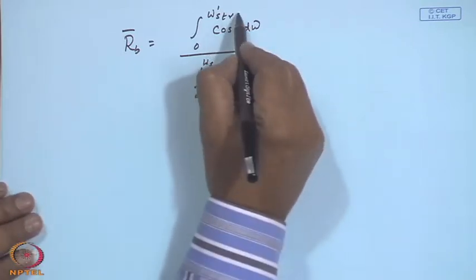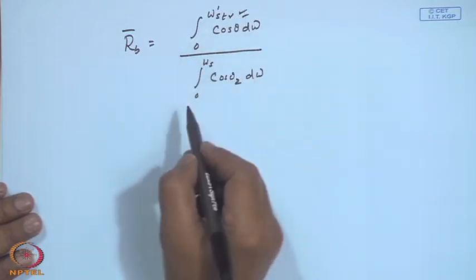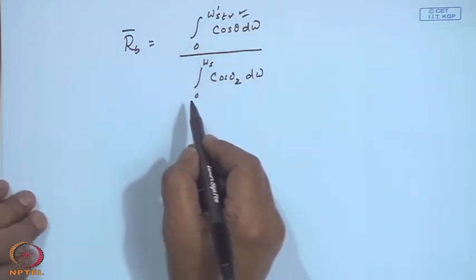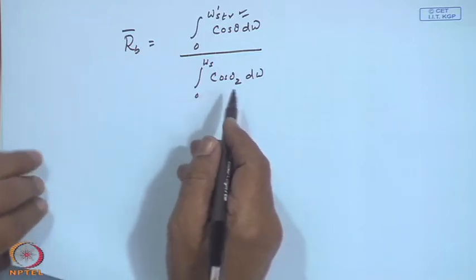We already know the expressions for omega s dashed t r, and theta z is the zenith angle, which we already know.